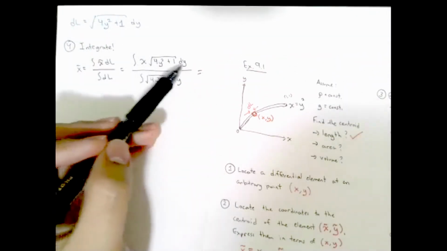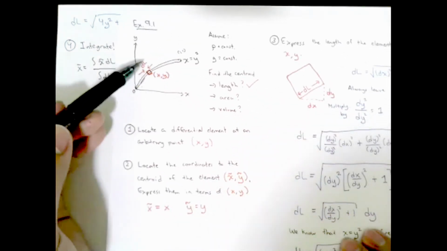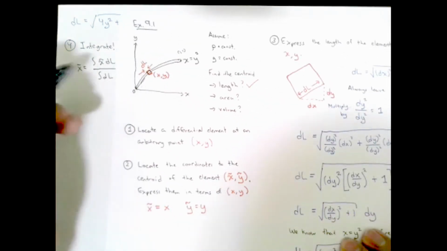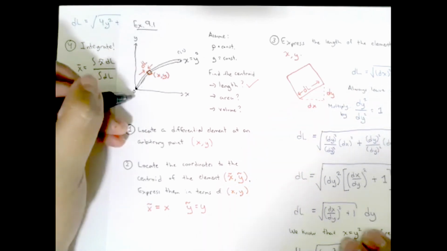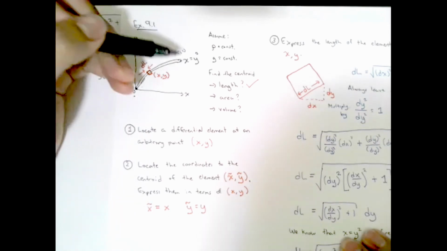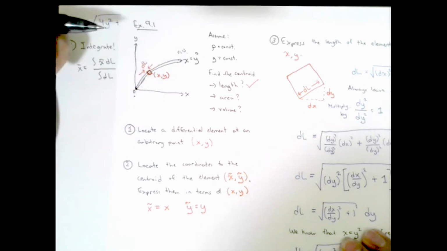Now, because we're integrating over the y direction, I want the y limits of this expression. So at the beginning, my y coordinate is 0. At the end, my y coordinate is 1. So that means that my integral will go from 0 to 1.